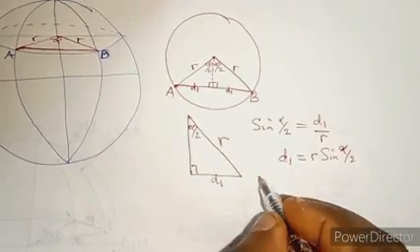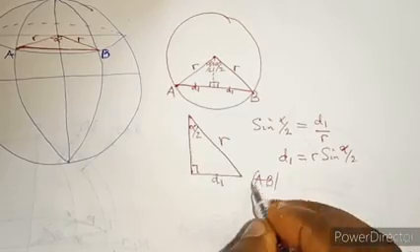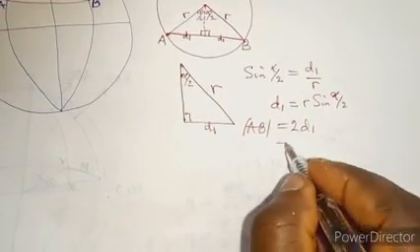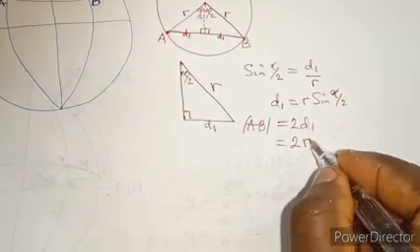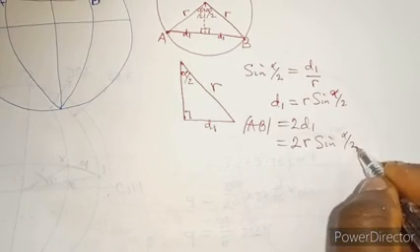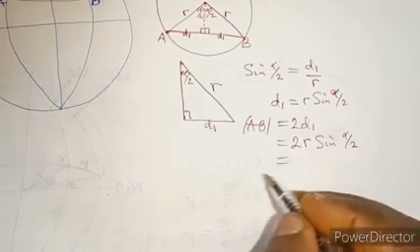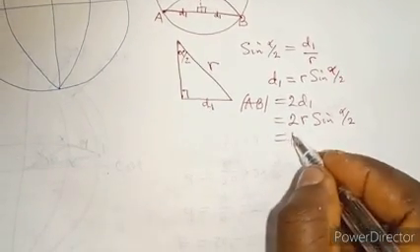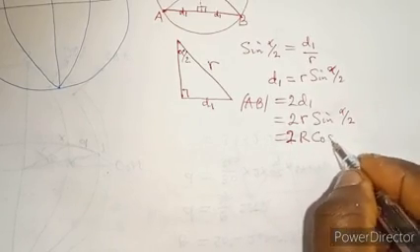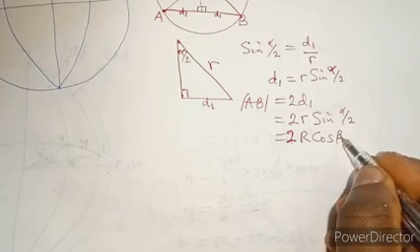Now, my line AB will be equal to 2D1, which will be equal to 2 small r sine alpha over 2. We have seen that small r is equal to capital R cos beta, where beta is the given latitude.